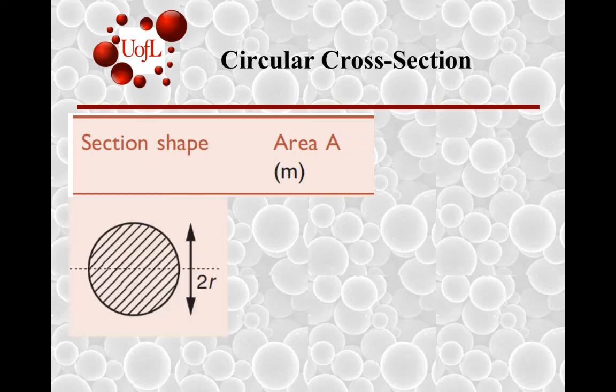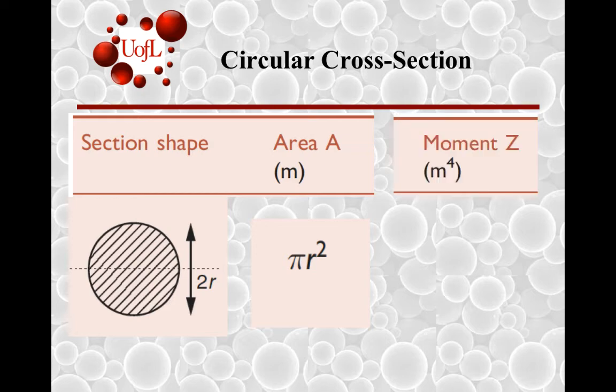What about a circular cross section? You have a radius r, we know the area is pi r squared, and the moment Z from table 9.2 can be referenced as pi by 4 times r raised to 3.